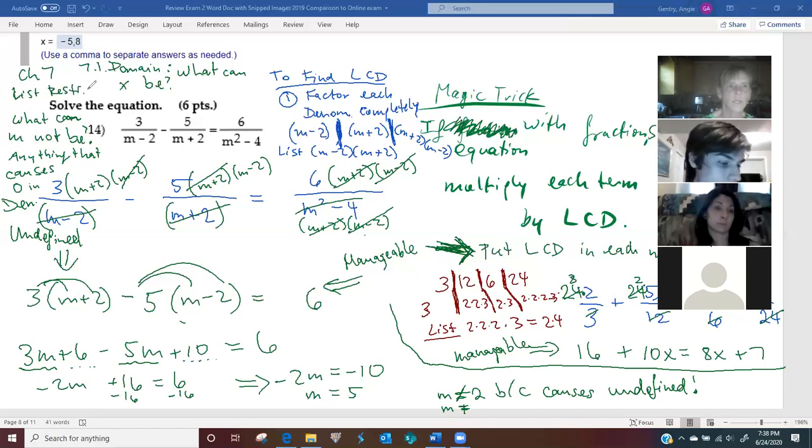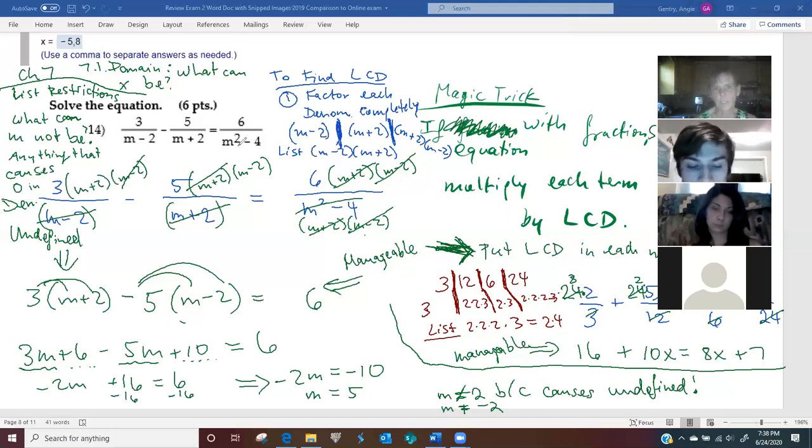And this is step 1 in the equations that have fractions, because if you do M is negative 2 and at the end negative 2 plus 2 is 0, if here you had solved and you found M is negative 2, you would have to throw that in the trash, because that is not an option, there's no solution, because you cannot have M is negative 2 because it causes a 0 in the denominator.